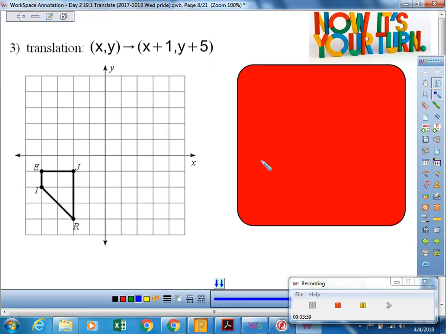Okay, the next one is yours. Write this rule down above that graph. Translate it. Before you move on to graph, translate it first. So write the rule.